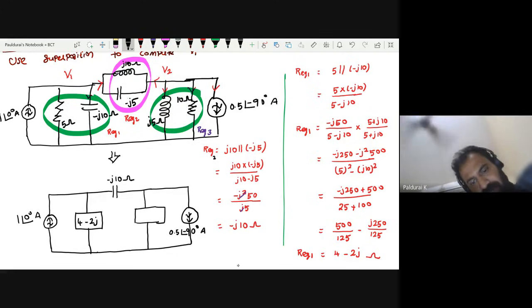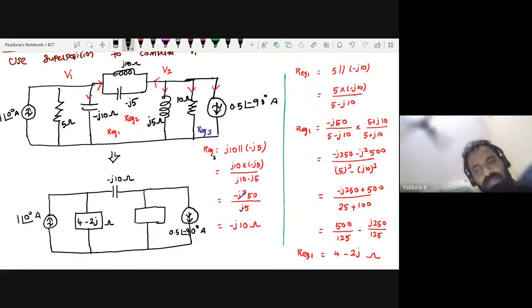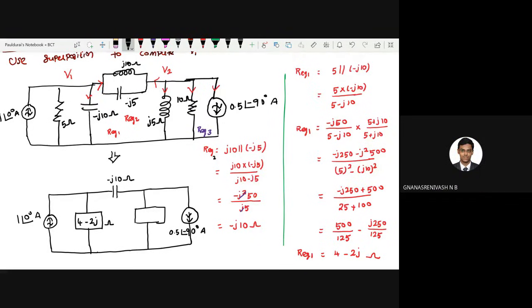This is 1 at an angle of 0 degree, this is ohm. What is R equivalent 3? Sir, 2 plus 4j.